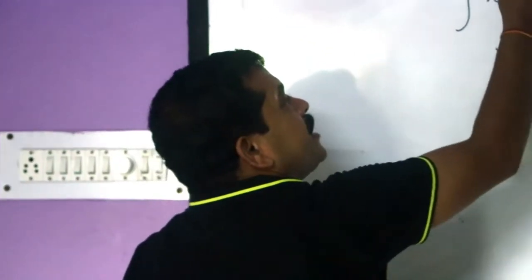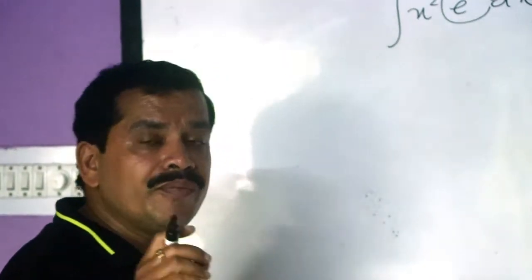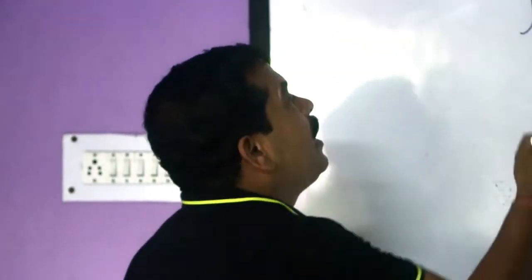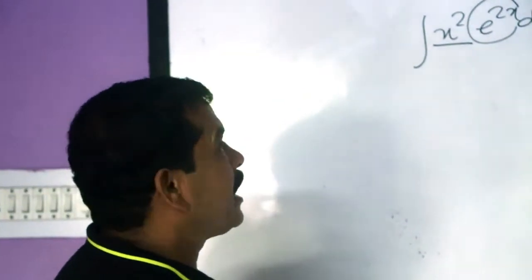First we have to choose one as the first function and another as the second function. Since it is an exponential function, e to the power 2x will be the first function and x square will be the second function.